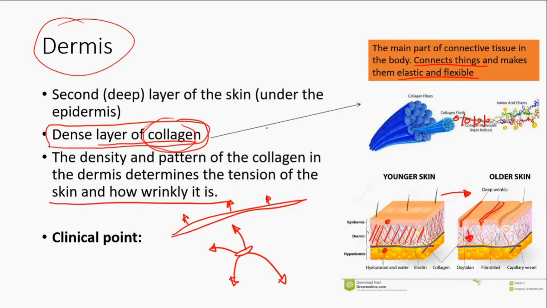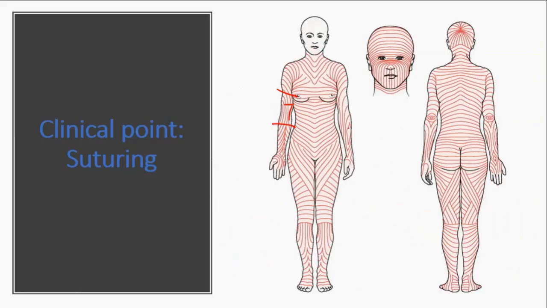Let's say if we zoom in here to your arm, most of the collagen in your dermis is arranged in this direction, downwards.